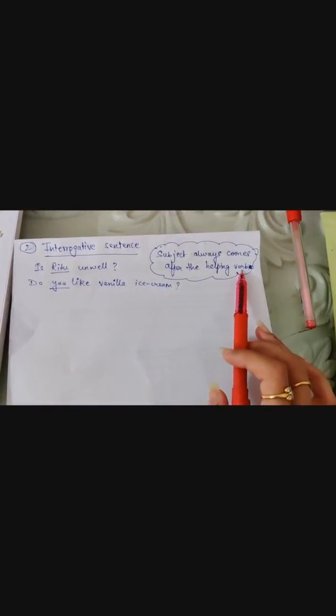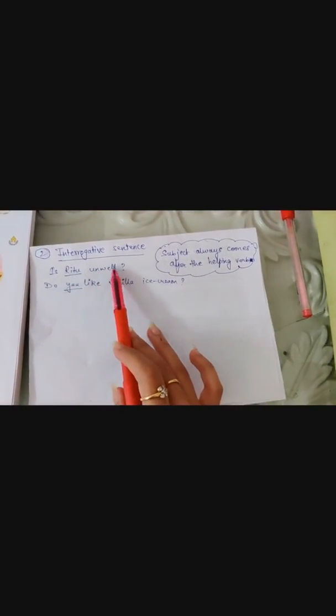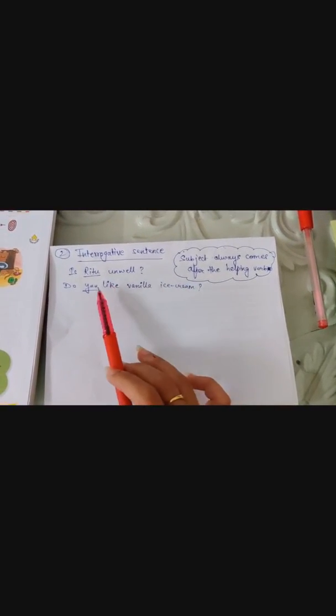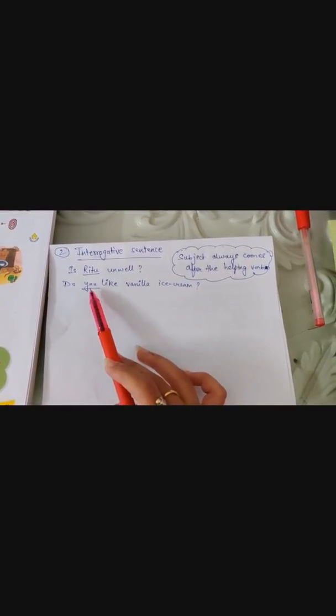I'll show you more examples so that it will be clear to you. In an interrogative sentence, as I told you, the subject always comes after the helping verb. Is Ritu unwell? Do you like vanilla ice cream? Who likes vanilla ice cream? You. So I got an answer. So you is the subject, right?